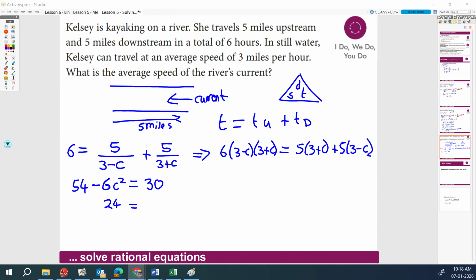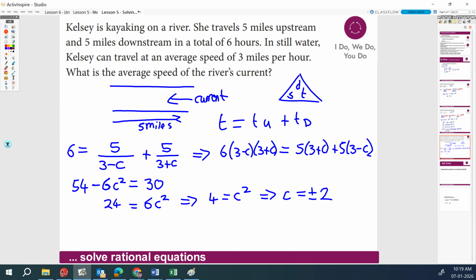So just moving everything around, we are going to get 24 is equal to 6c squared. Dividing through by 6, that 4 sixes? Yes. We get 4 is equal to c squared, which tells us that c is equal to plus and minus 2. So plus and minus 2 miles per hour.